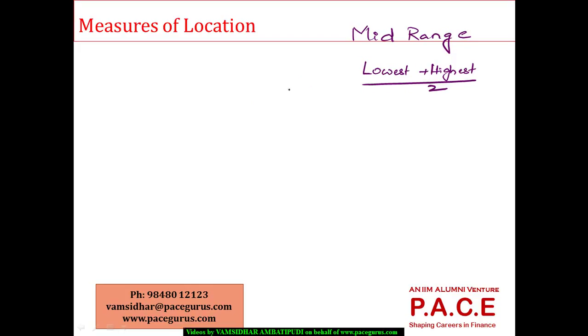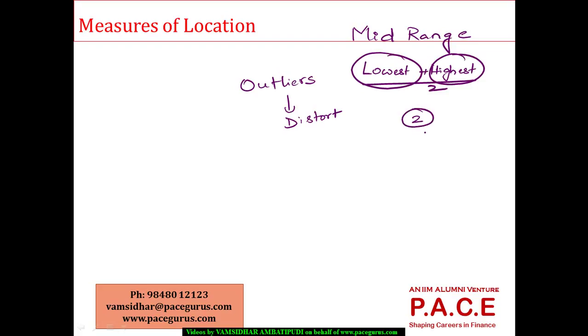If there are very big outliers present in the data, they completely distort the result, because I'm taking the extreme low value and extreme high value, ignoring other values completely. Only two pieces of data are being used. Whereas in case of the mean, though it is affected by outliers, it considers almost every value.